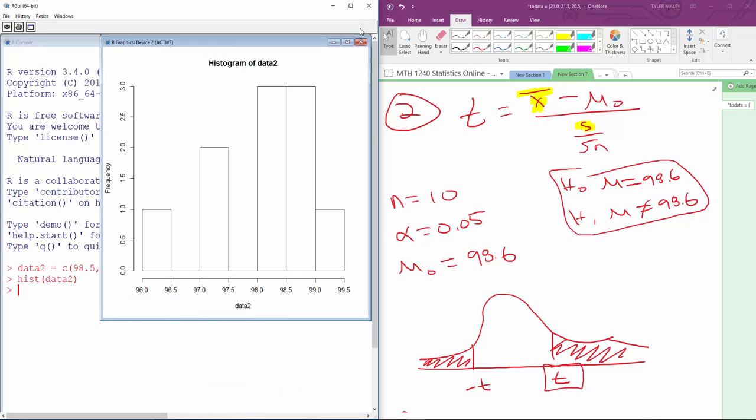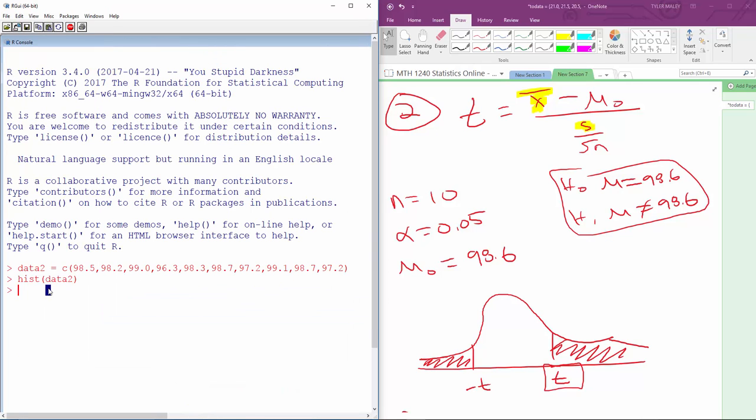All right, so let me close out of this histogram. We don't need that anymore. Instead of typing all these commands, let me say let x equal the mean of data 2, and let s equal the standard deviation of data 2.